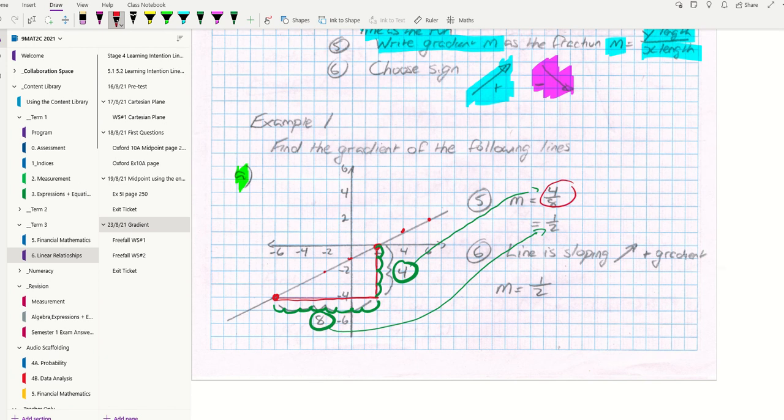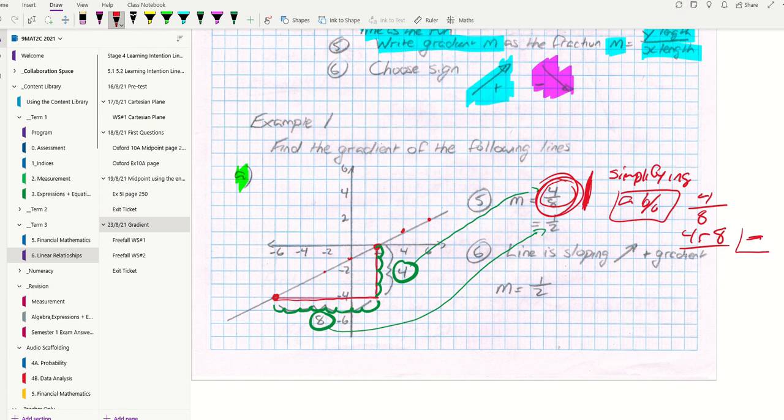Now, gradient in this topic is going to be an exercise in simplifying fractions. We want to put them in their simplest form. So every time we get one of these, I recommend you use the a b/c button on your calculator: put 4 and 8 in, which on your calculator is usually 4 R 8, and push equals.